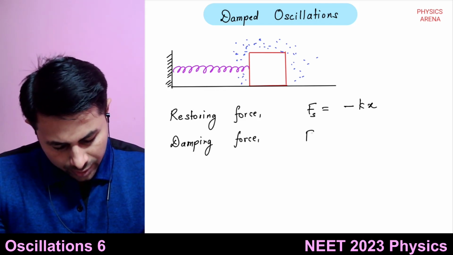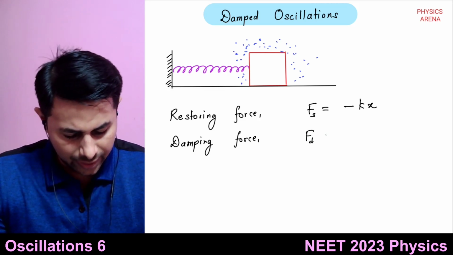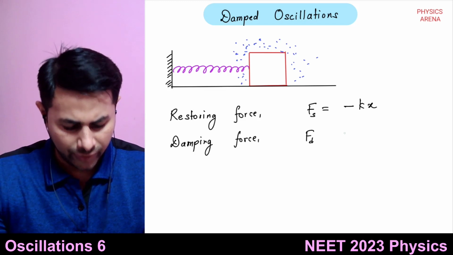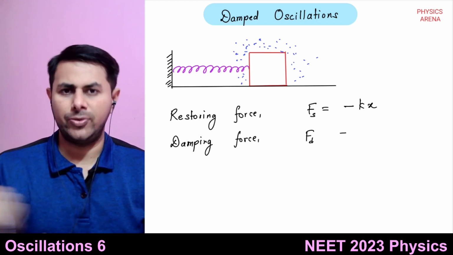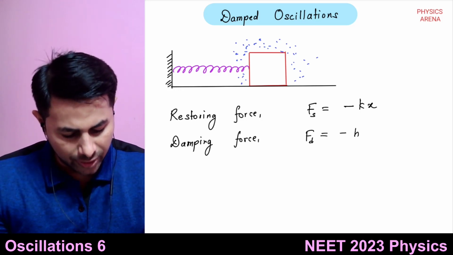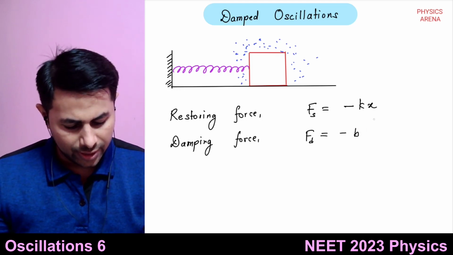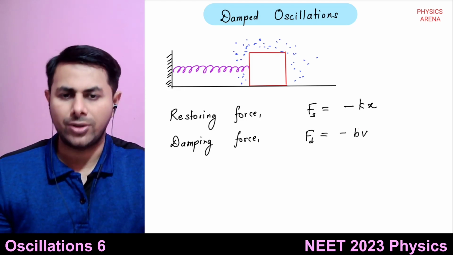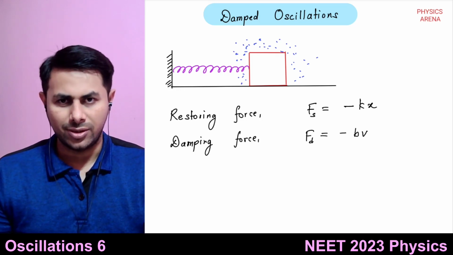So F suffix D is the damping force, and it is directly proportional to the velocity, but it's directed opposite to the velocity. So it is equal to minus of some constant b. b is called the damping constant, multiplied by velocity. This is the damping force.